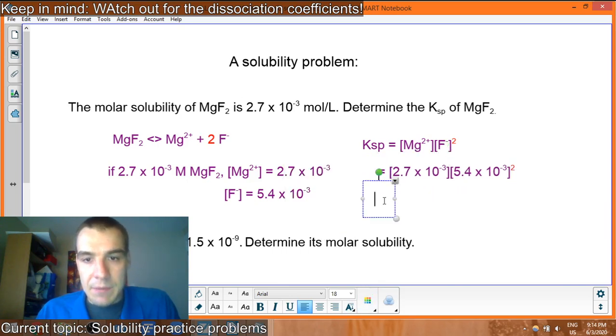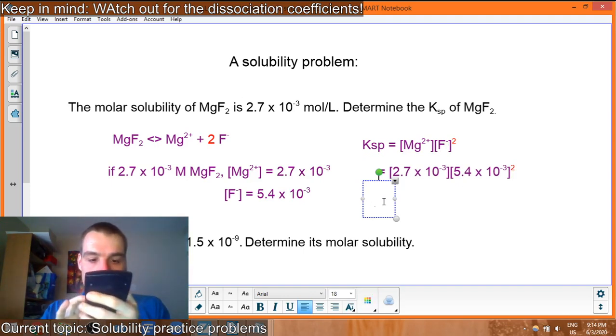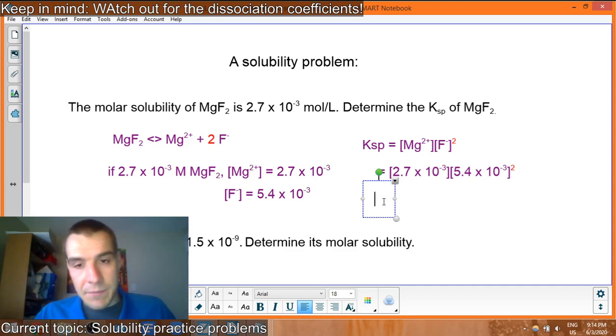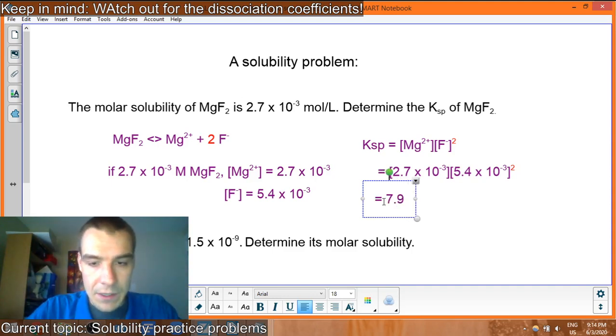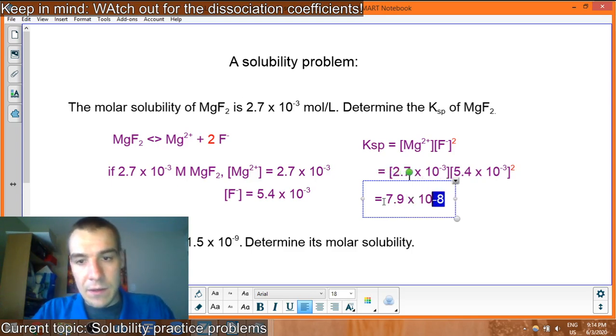And so I'll put that in my calculator. 2.7 times 10 to the negative 3 times 5.4 times 10 to the negative 3 squared. That's very, very small. 7.9 times 10 to the negative 8.